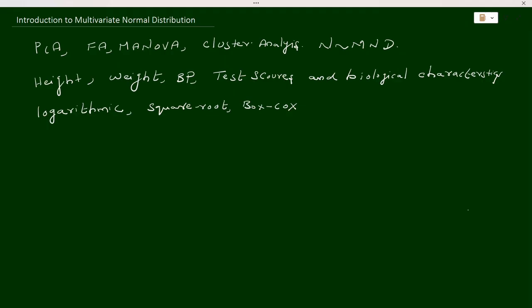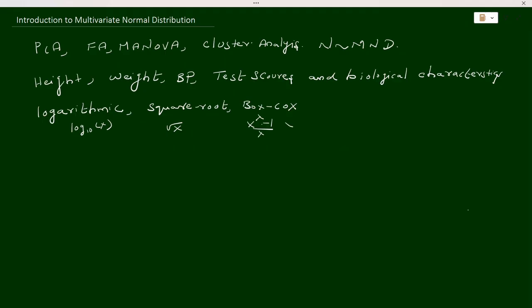Actually, in the logarithmic transformation, what we will do is we will take the log of the data, that is log 10 of x, suppose x is our variable. In the square root, we will consider the variable as square root of x, and in the Box-Cox method, the formula which we use is x power lambda minus 1 divided by lambda.